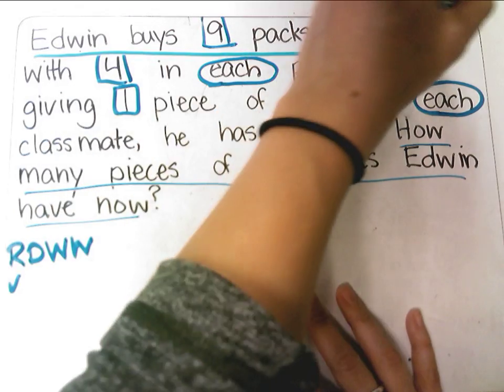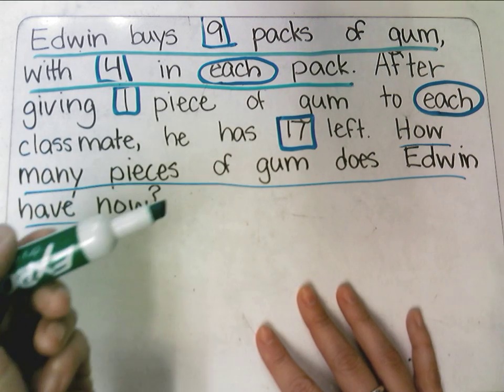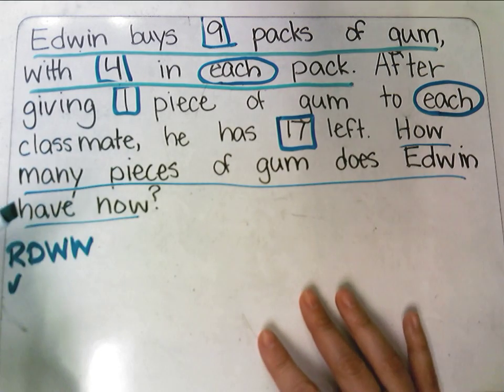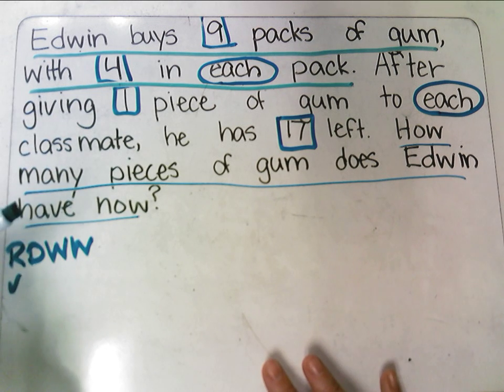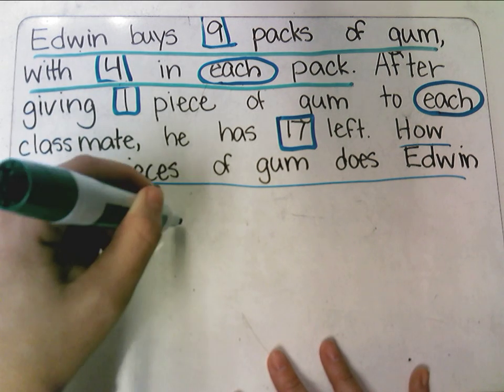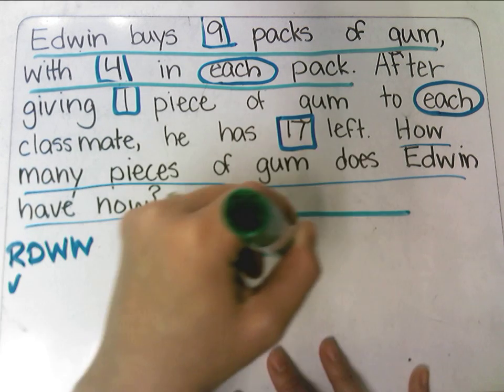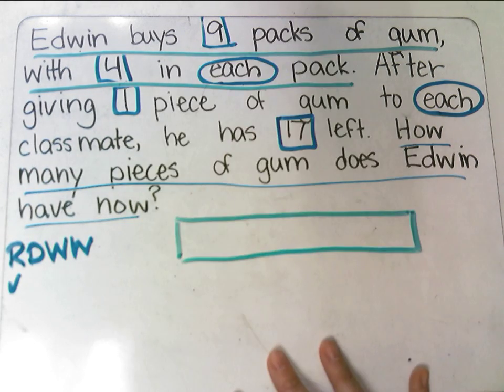I'll underline it so you can see where we're working, and I'll show all of my work in green. What could we draw for this sentence? If you were thinking a tape diagram, you are correct. We are going to show a tape diagram for the first sentence.